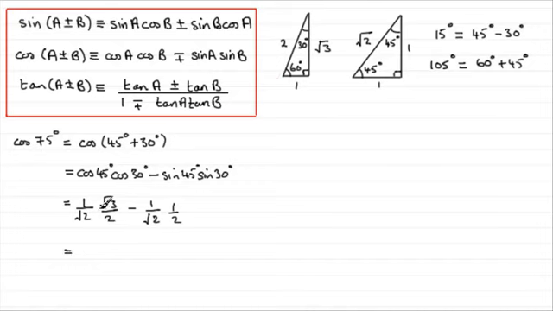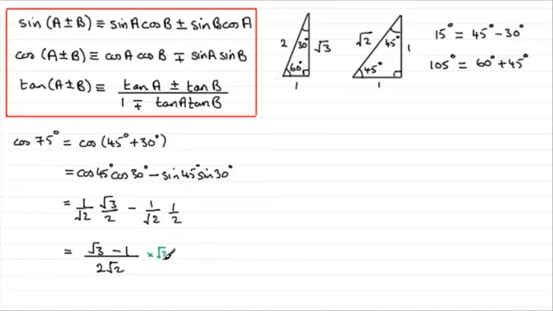So if we now multiply this, we get root 3 over 2 root 2, and here we have 1 over 2 root 2. So we can put it all over a common denominator of 2 root 2, and we've got root 3 minus 1.